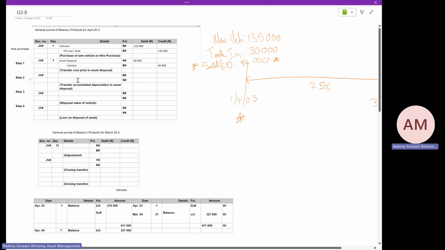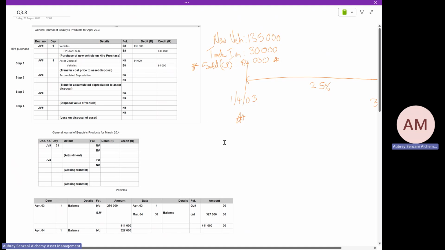Assets increase on the debit side, but because this is a negative asset, it increases on the credit side. So now that we are taking it out of the books, we are debiting accumulated depreciation.